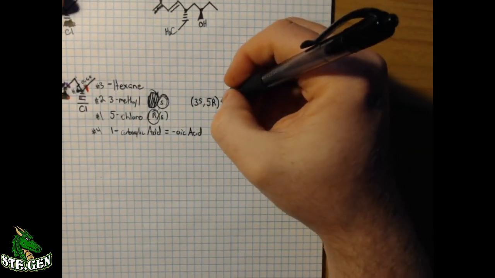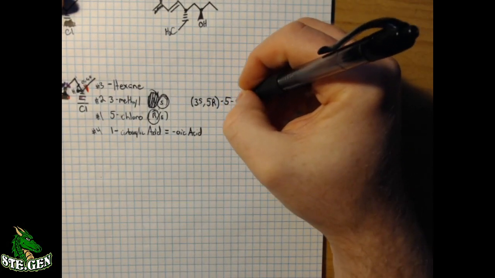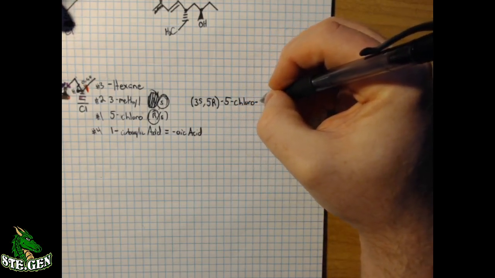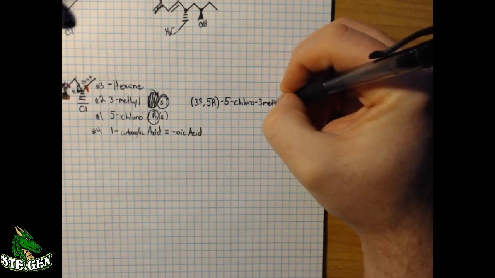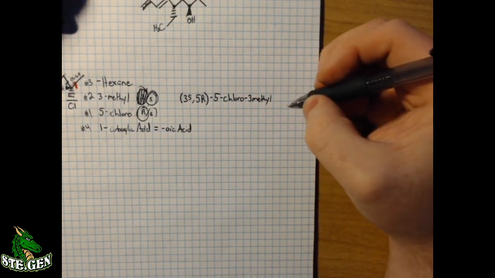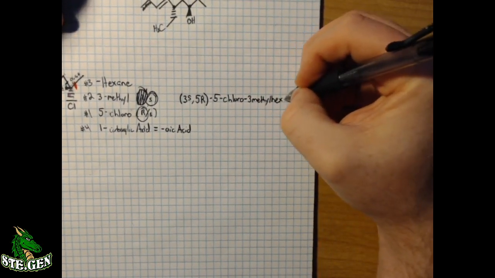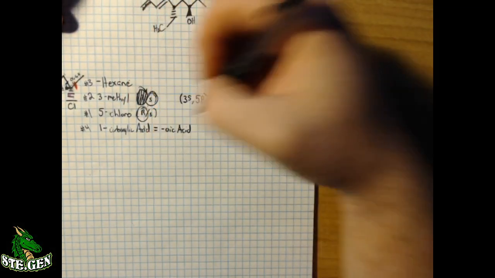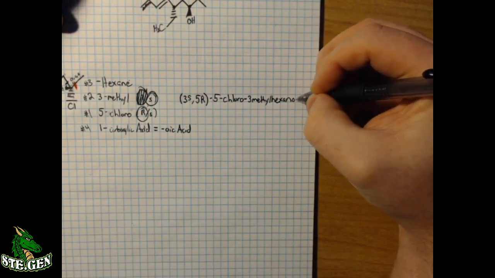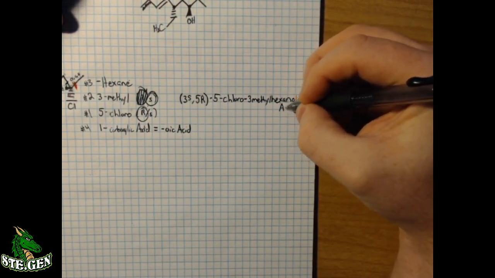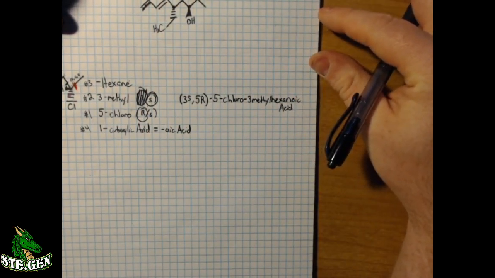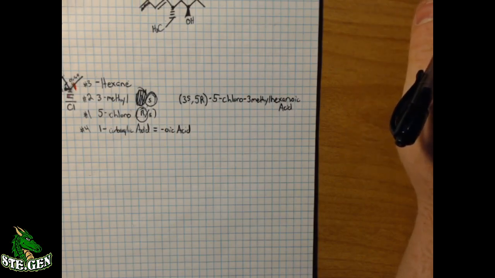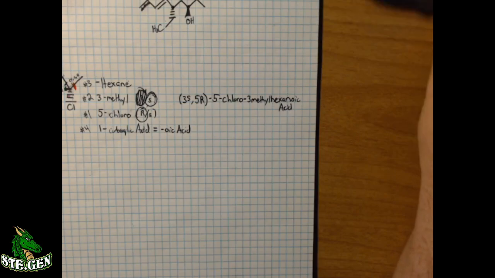Then we're going to go 5-chloro, dash, 3-methyl, hexan, but you don't add the E. We're replacing that E with the hexanoic acid. 3S, 5R, 5-chloro, 3-methyl hexanoic acid.